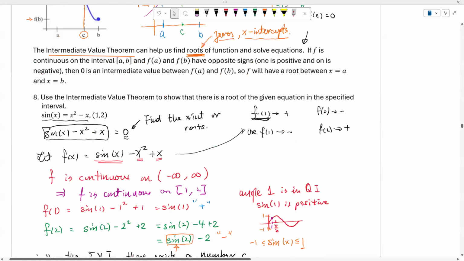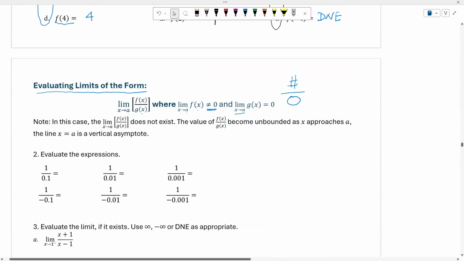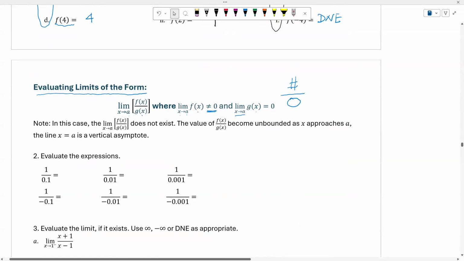So right now, if we have a number divided by 0, then if you remember, we say that the number is undefined because we don't know what it is.